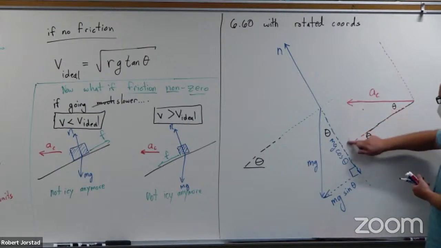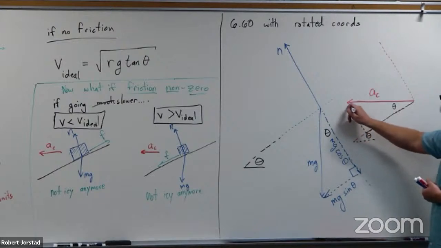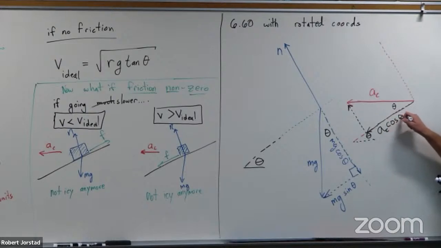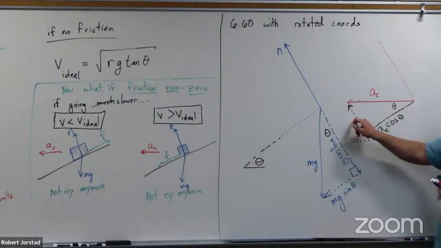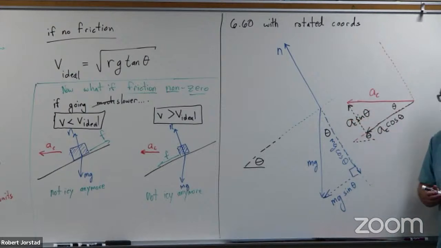Yep, you got it. This side should be labeled AC sine or AC cosine? Cosine. Adjacent gets the cosine. Opposite. Could you write force equations for this?